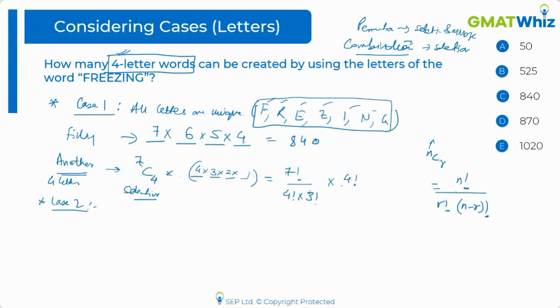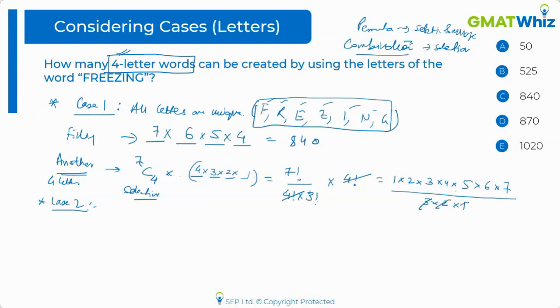Now, if you try this out, you would see that the answer that you are getting is going to be the same. There is going to be no difference here. And in fact, let me show it to you so that it's clear. 4 factorial gets cancelled out. 7 factorial, I'm writing it out in full for the sake of clarity, divided by 3 factorial, which is 3, 2, 1.